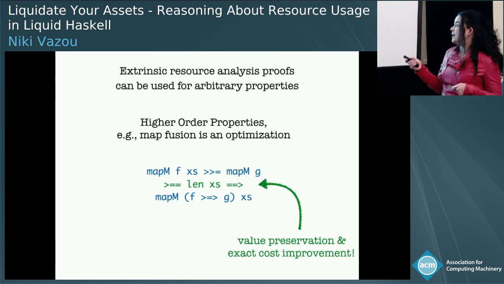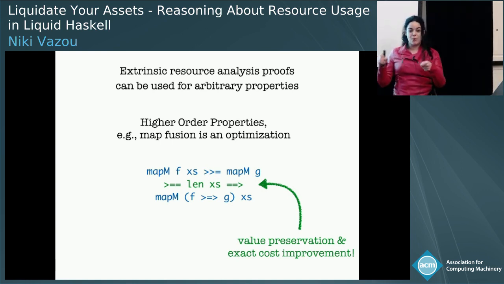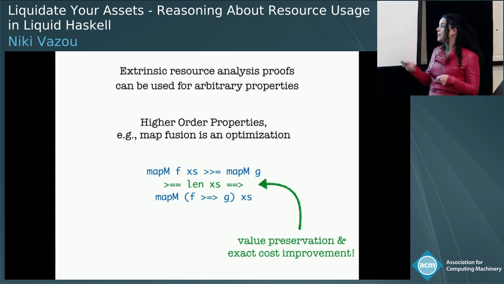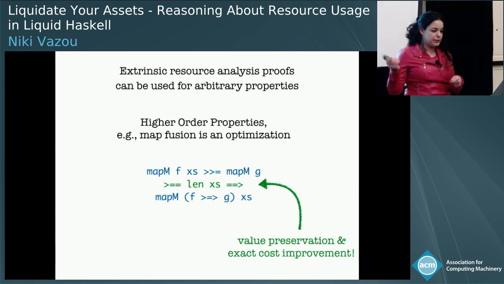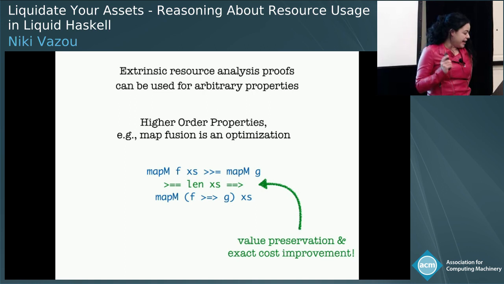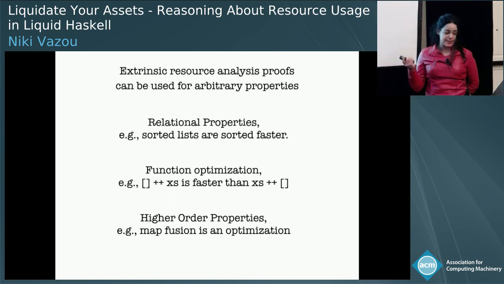And this tells you value preservation and exactly how much is the difference of the cost. And the proof of that is something like 25 lines of code. And it's a very nice theorem that I like. Okay. So these are some kinds of benchmarks that we tried.